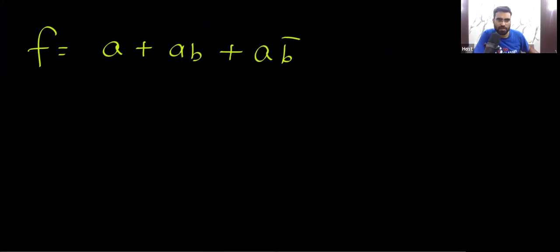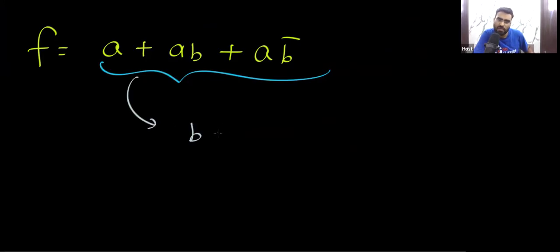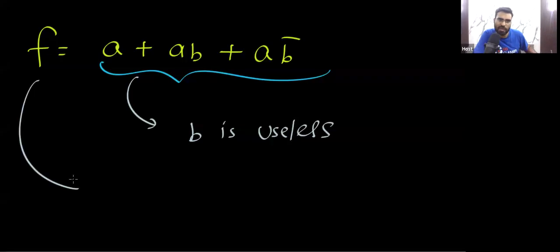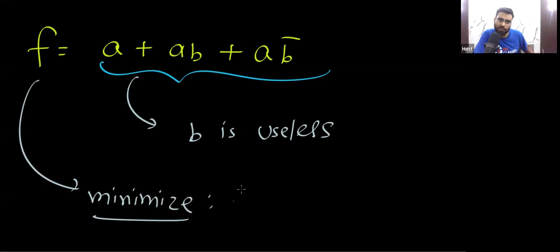For example, look at this function. In this, if you notice, this b is actually useless. This variable b is useless because the function doesn't depend on b. Just minimize this. If you minimize, what will you get?